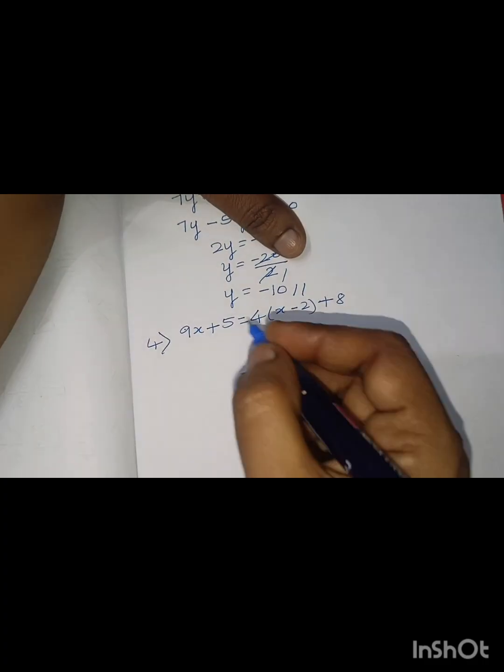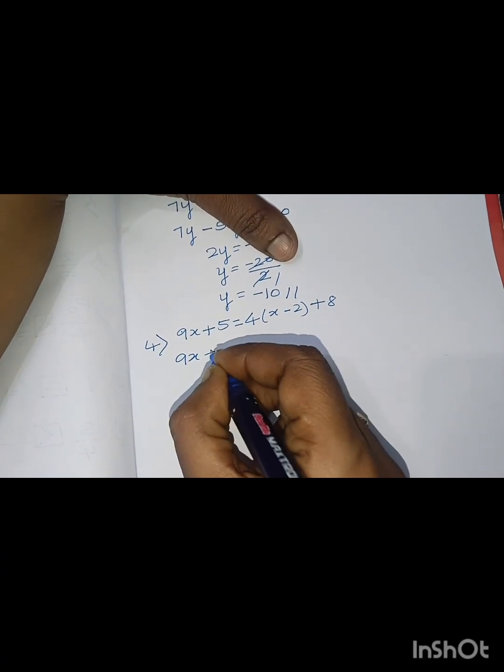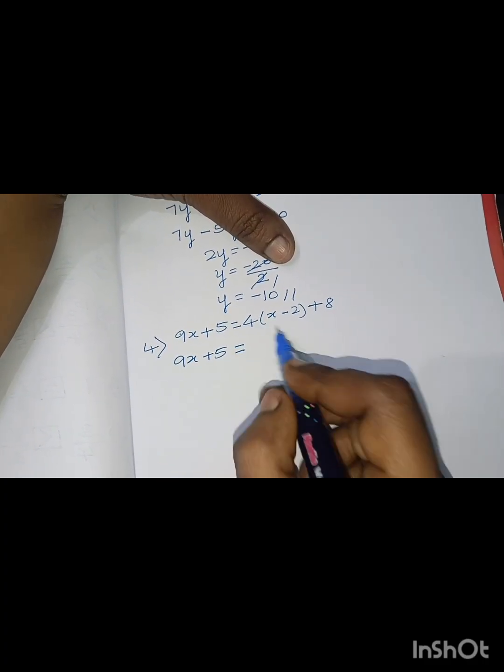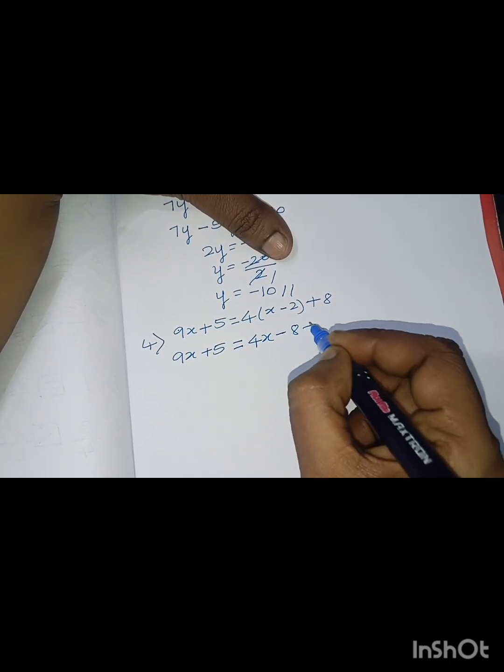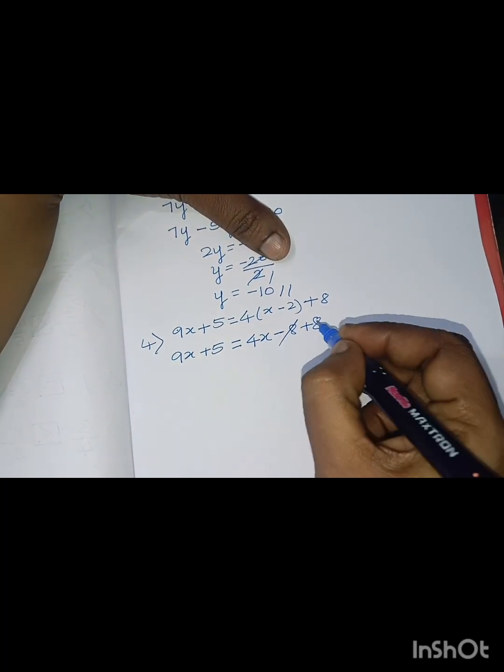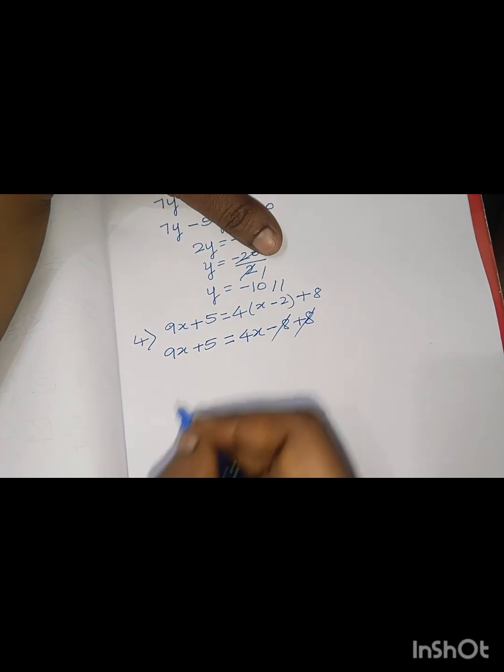Next example: 9x plus 5 equals 4 into, multiply this, 4 into x minus 2, 4 twos are 8, plus 8. This minus 8 plus 8 will cancel.